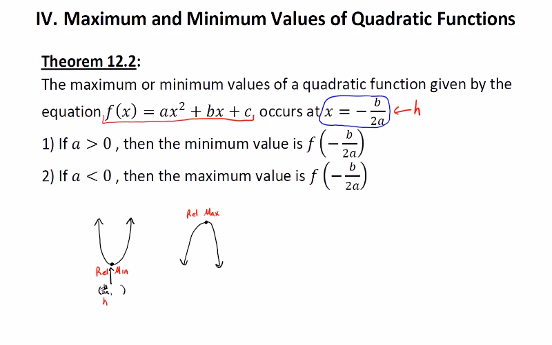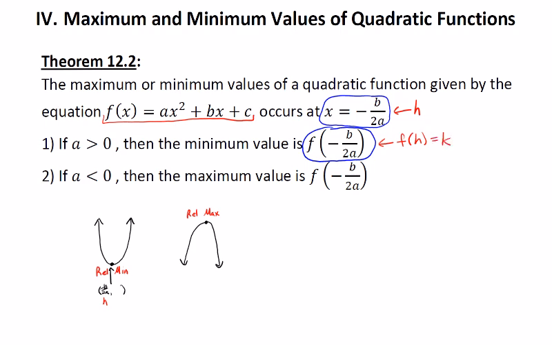Once you figure out what h is, then you can take the value of h and substitute it into the function, which is what we're calling here f of negative b over 2a. So f of negative b over 2a is really saying f of h, which is going to be known as our k value.